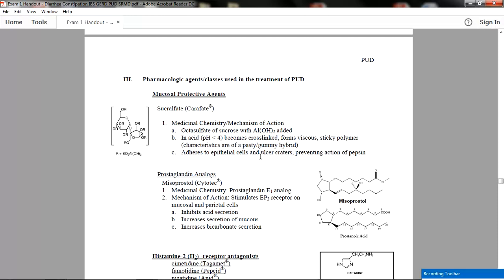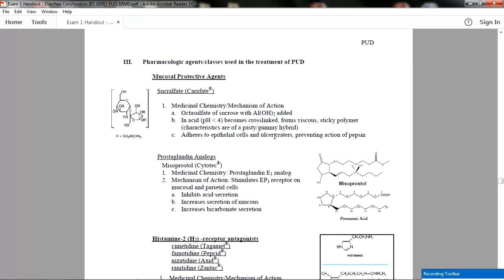I don't necessarily know that that's even in the literature and the guidelines, but it's logical, because you don't have enough acid to activate it. But sucralfate is still prescribed more often than we might think because it's a really old drug.